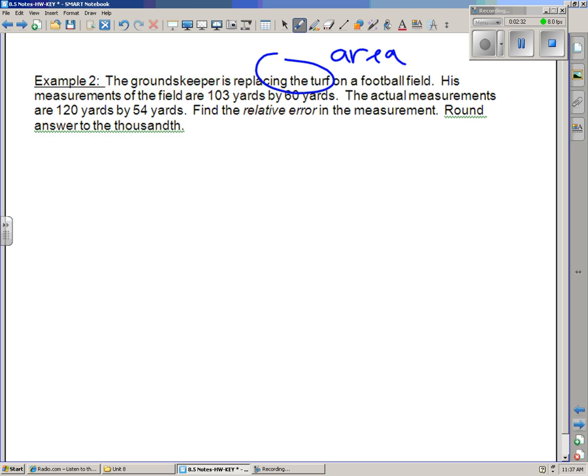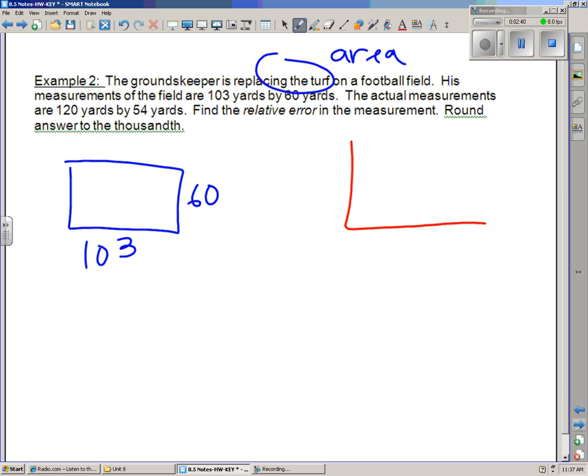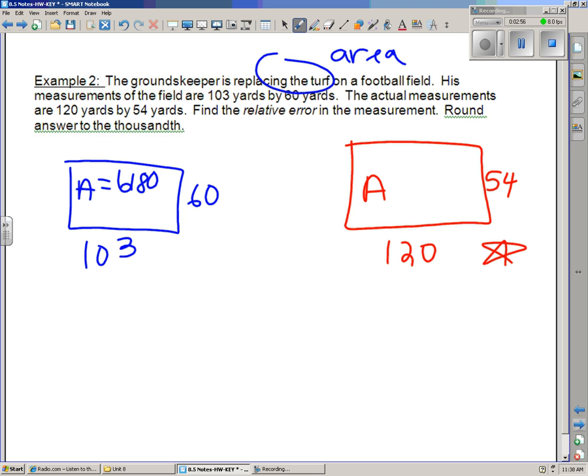So what happens is I've got this guy measuring at 103 by 60. The actual happens to be 120 by 54. This is the one I'm going to start because that's the actual. When we find the areas of each, the area of what's in blue happens to be 6180. The area of what's in red, the actual area, happens to be 6480.